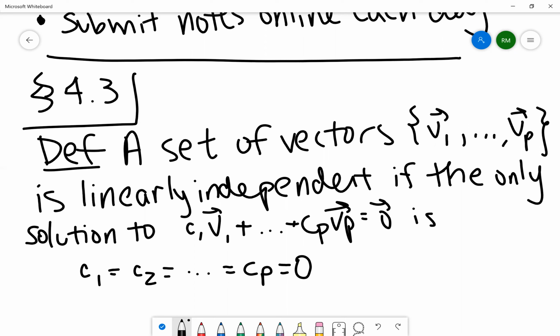So that's the definition of linearly independent vectors.